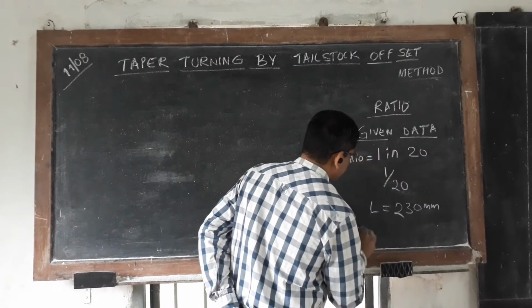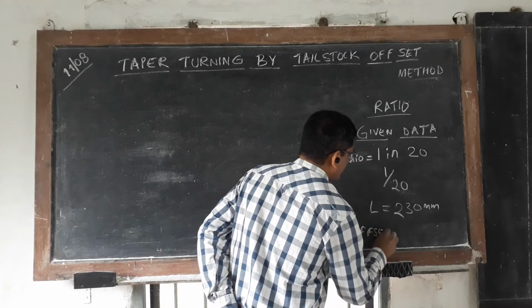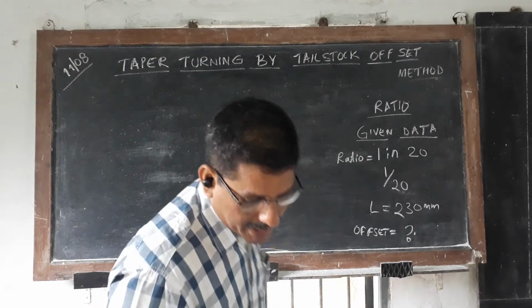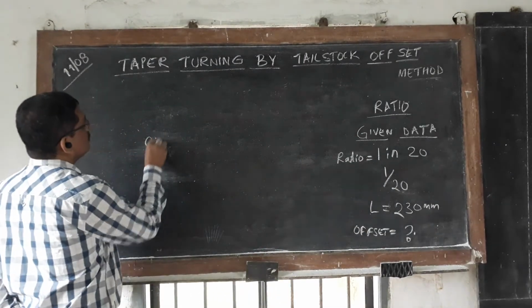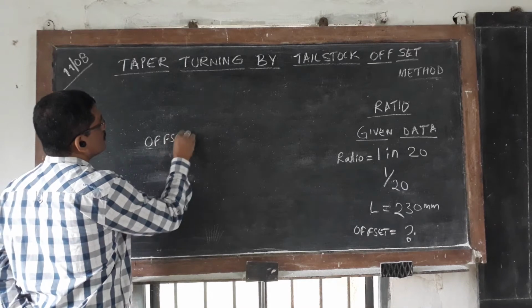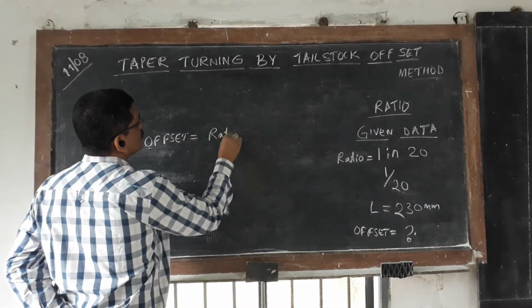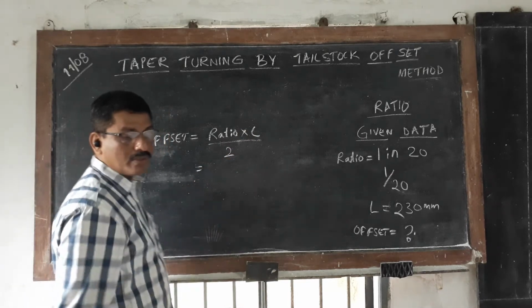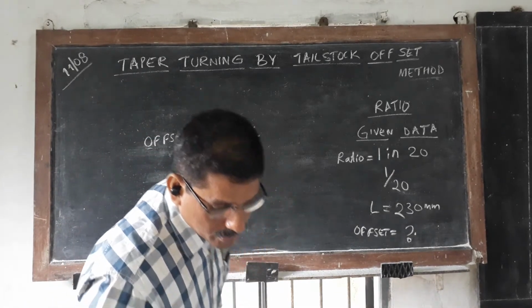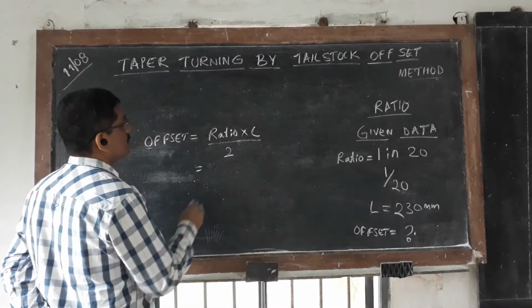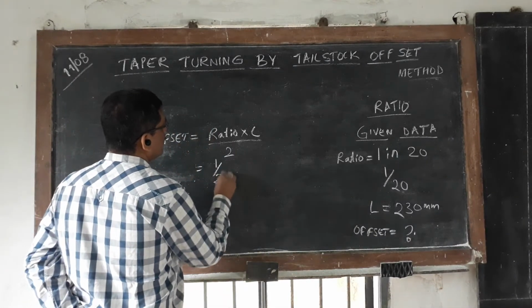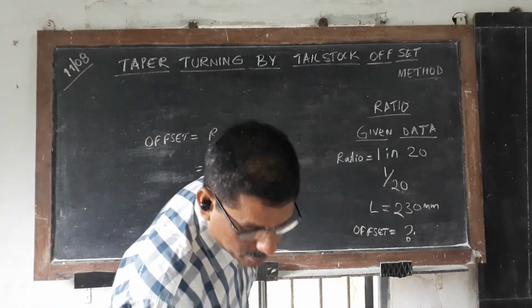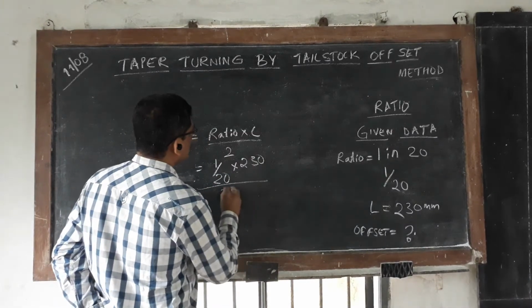So offset is equal to how much? For that the formula is offset is equal to ratio into length divided by 2. So 1 by 20 into 230 divided by 2.